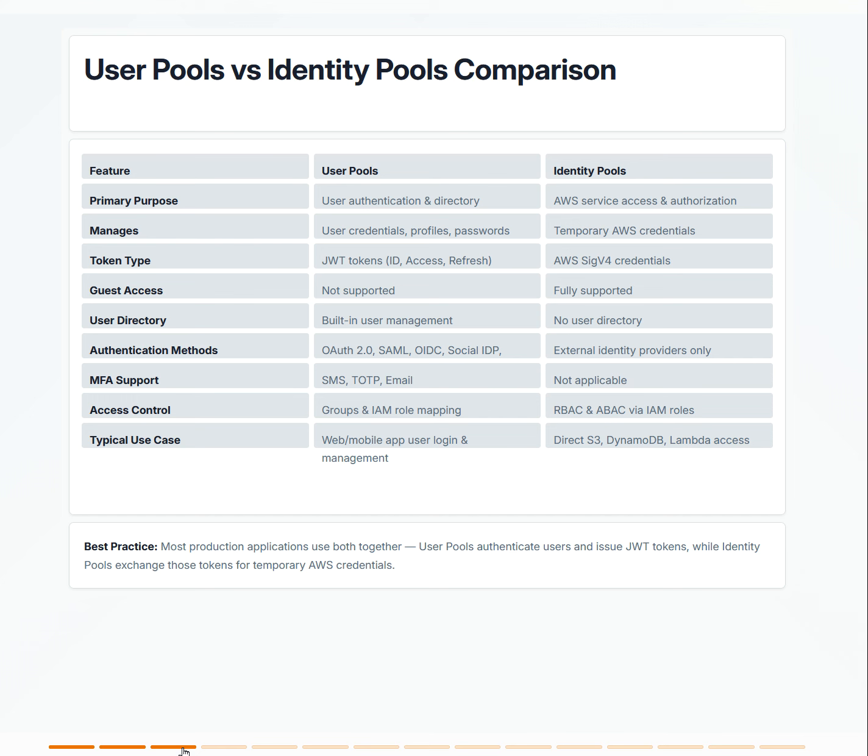And then authentication methods. User pools have many different authentication methods: OAuth, SAML or OIDC, and social identity providers, right? And then identity pools, external identity providers only.